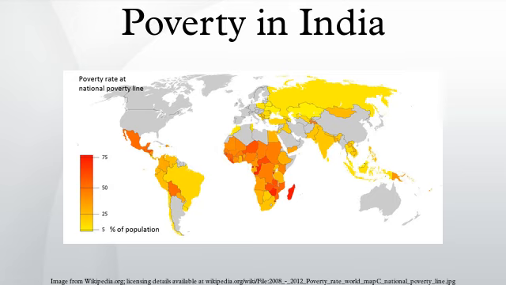The World Bank, in 2010 based on 2005's PPP's International Comparison Program, estimated 32.7% of the Indian population, or about 400 million people, lived below $1.25 per day on a purchasing power parity basis.